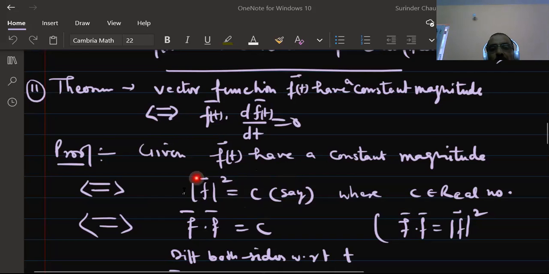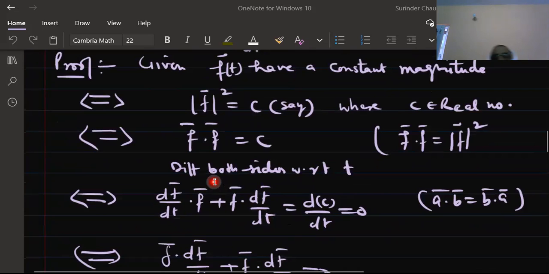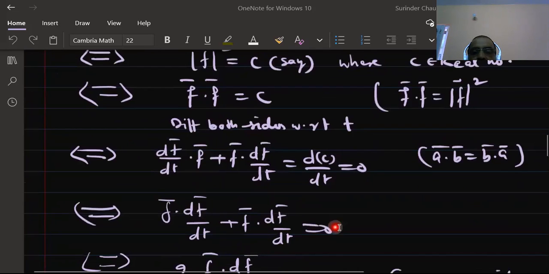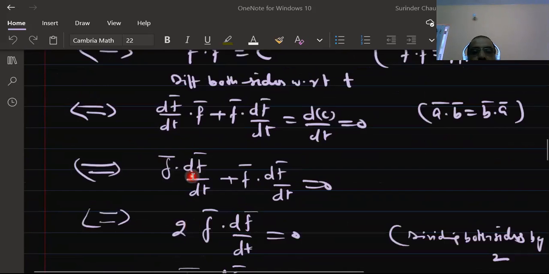Now the modulus square of f vector can be written as f dot f, so f dot f is equal to c squared. Now differentiating both sides with respect to the scalar quantity t, and since the scalar product is commutative, we get twice f dot df/dt, and the derivative of the constant is equal to 0.